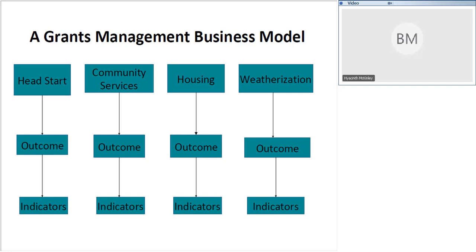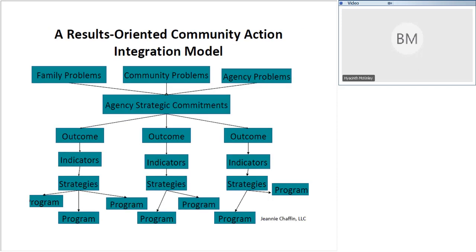They each have their outcomes that are measured by a certain number of indicators, as opposed to the next slide, which is an integration model where the agency has some strategic outcomes that it wants to achieve, and the programs feed into different strategies and indicators which are all unified in one way. So there are just some different ways of starting to think about this whole agency approach that is part of the data-centric organization.